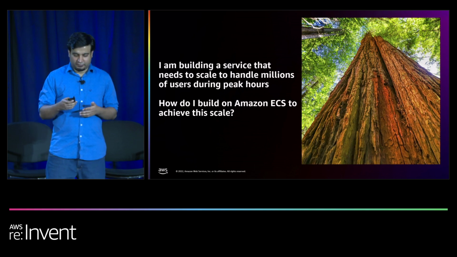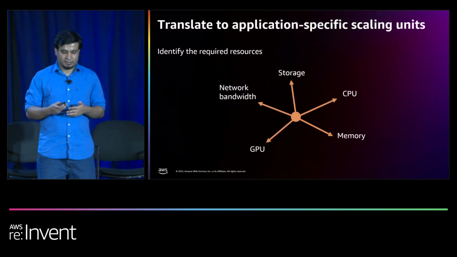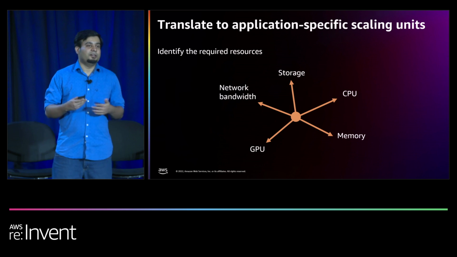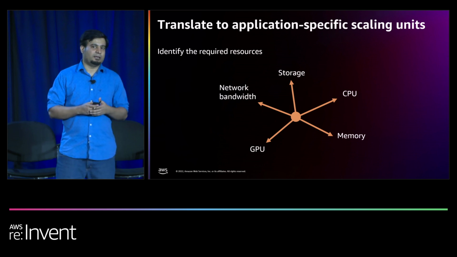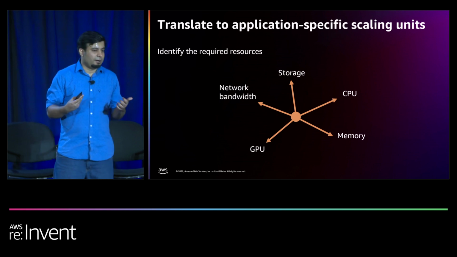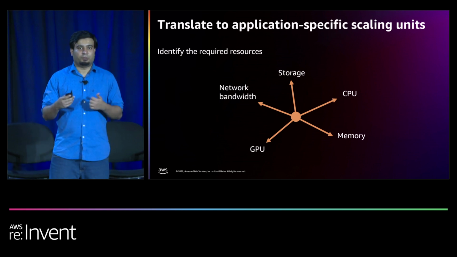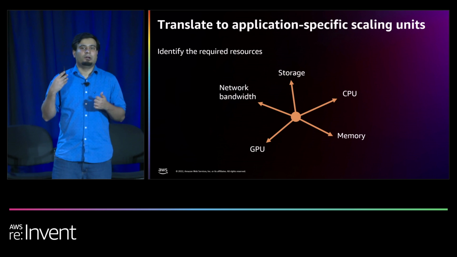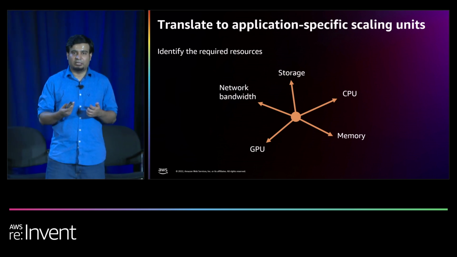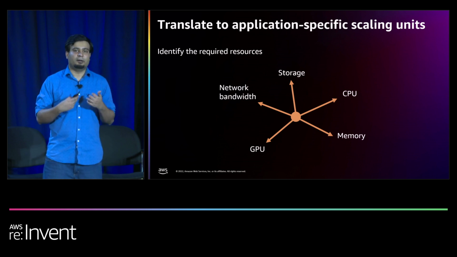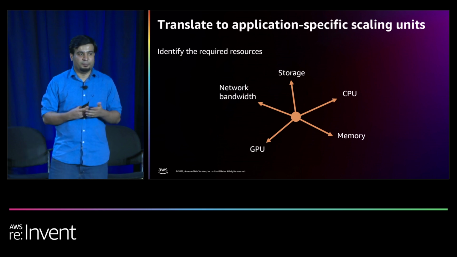Typically, the way that we think about scaling of our services is in terms of application-specific units. For example, you might have a machine learning service that is processing requests from a queue to derive some inferences, and the scaling unit you might think of would be the number of jobs processed per minute.